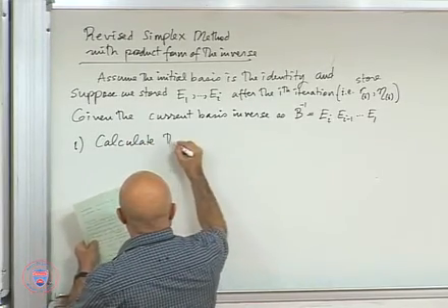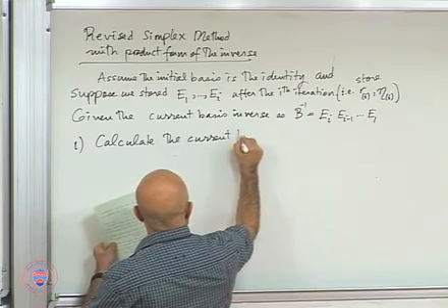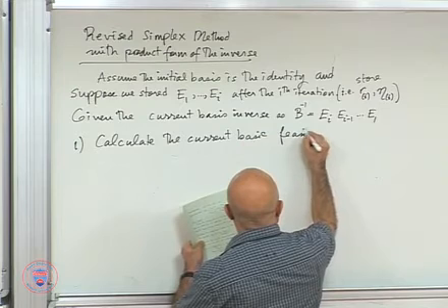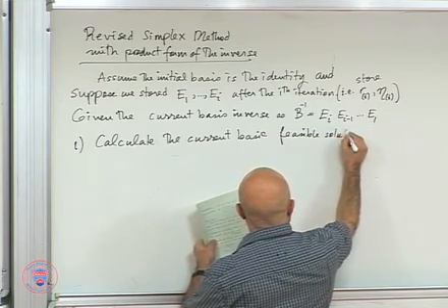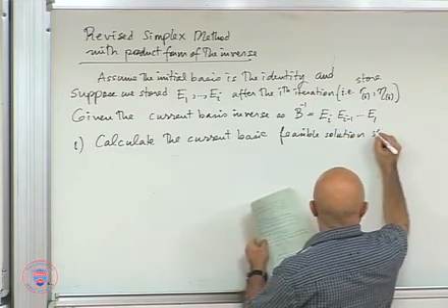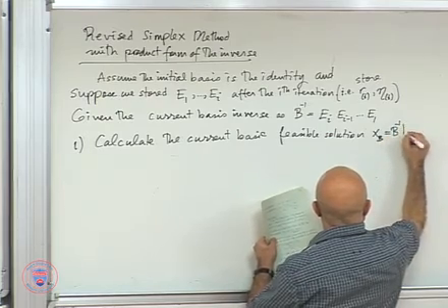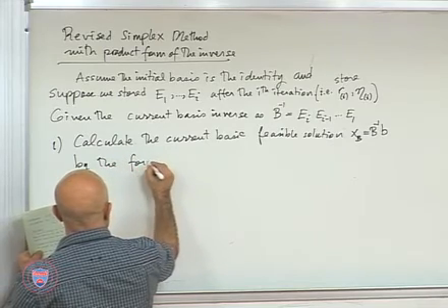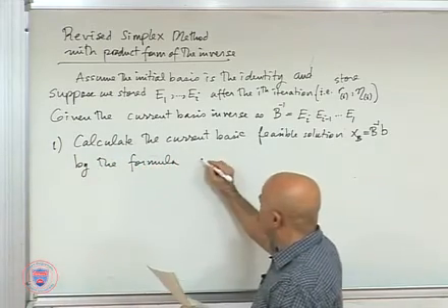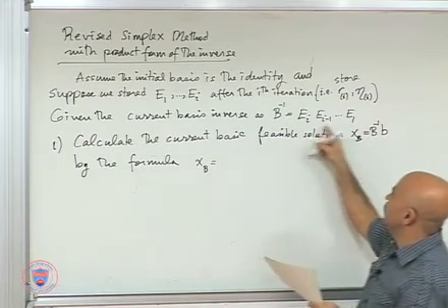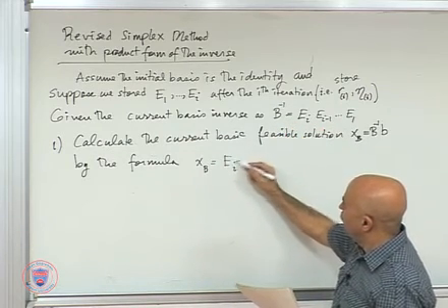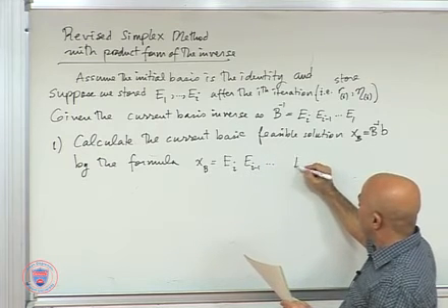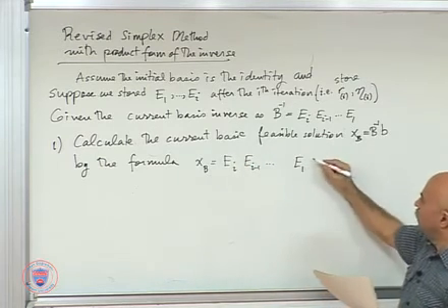Calculate the current basic feasible solution xb, which is your B inverse b, by the following formula: xb equals, well, in place of B inverse you write EI, EI minus 1, so on and so forth, E1. And then the entire thing multiplies b.